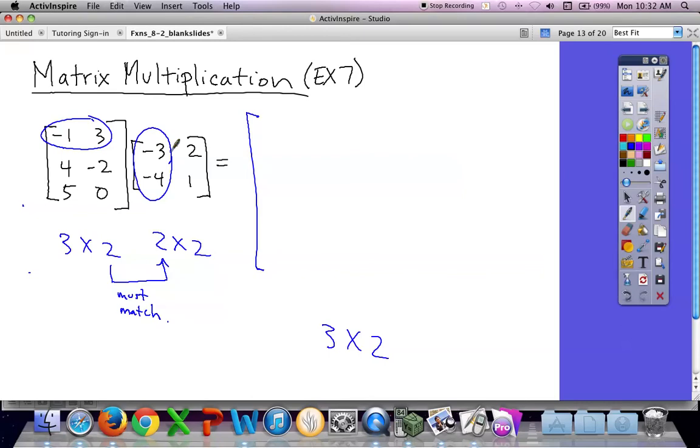It'll be -1 times -3 plus 3 times -4. It's multiply plus multiply. It's going across the row, down the column. So for the first row, first column, use the first row, first column. That'll be -1 times -3 plus 3 times -4.